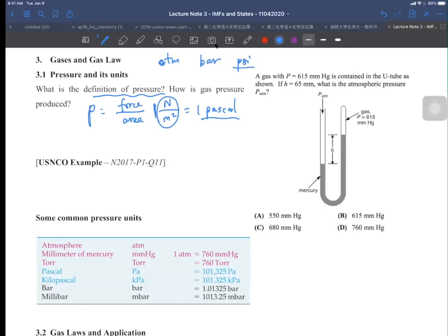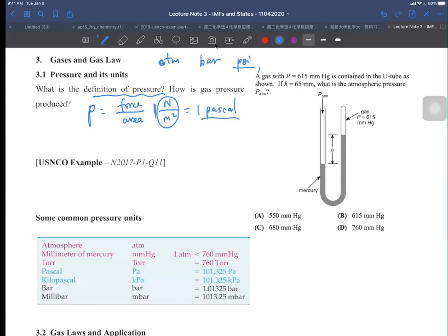So tire pressure is expressed in PSI. If you have the experience of helping your parents pump the tire, you will see the unit will be PSI. It's called pounds per square inch. This is a very American way, right? Pounds, inch, right? This is something I can never figure out.